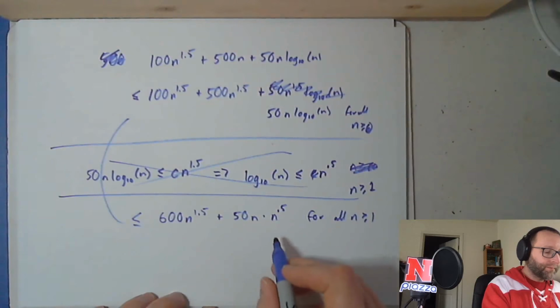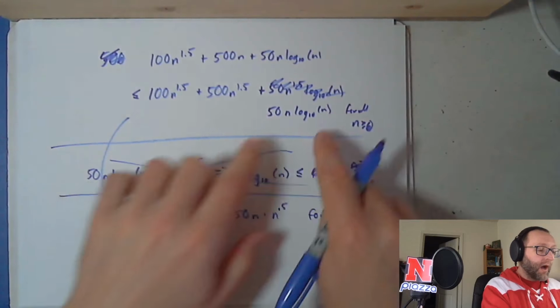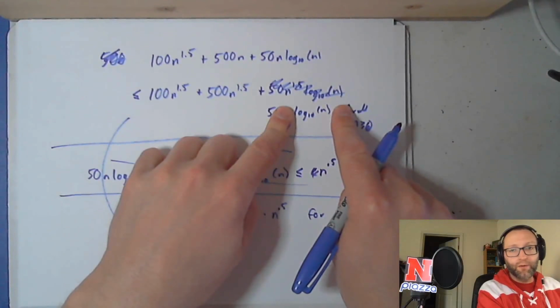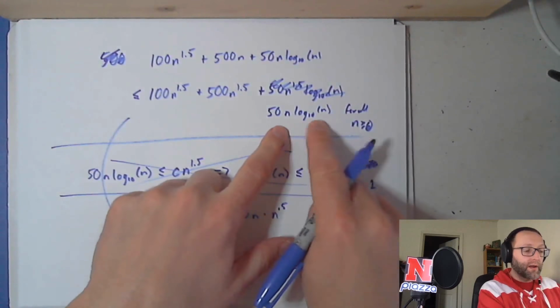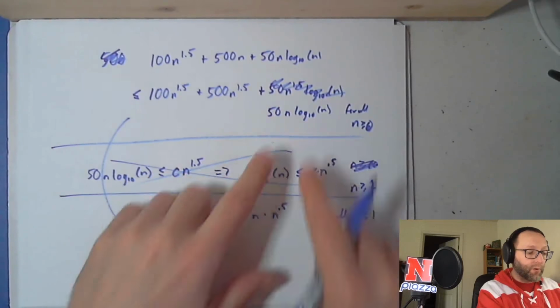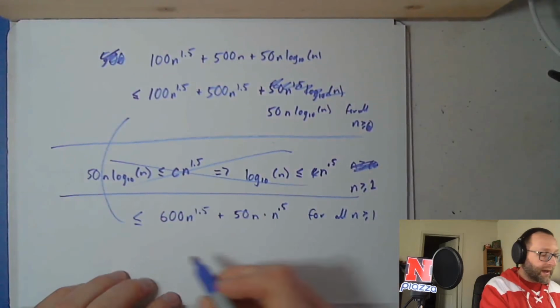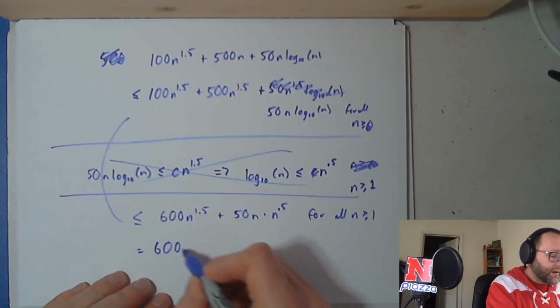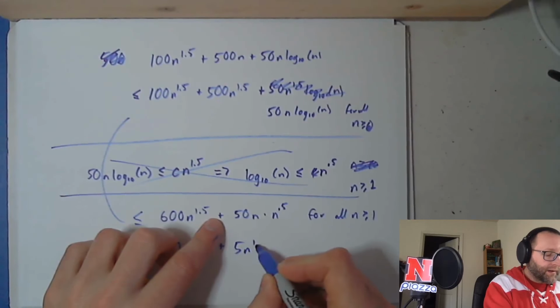Okay? Now, these two can be combined here. Again, I was only focusing on that logarithmic term to establish that it was less than or equal to the square root of n. I did that because when I replace that with the square root of n and multiply these together, I add their exponents and I get that this is equal to 600 n to the 1.5 plus 50 n to the 1.5.